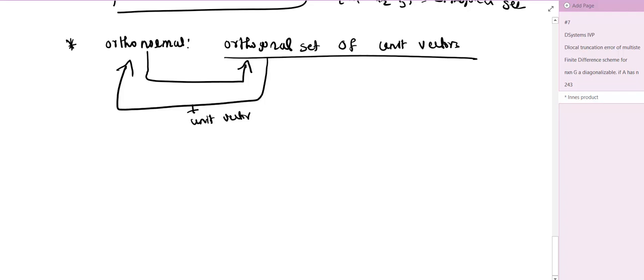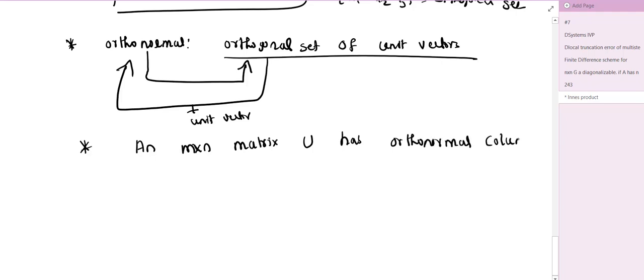Before we go further with the orthonormal, we have some properties. Say any m cross n matrix U has orthonormal columns if and only if, when you take the transpose of U and multiply by U, you get the identity matrix.